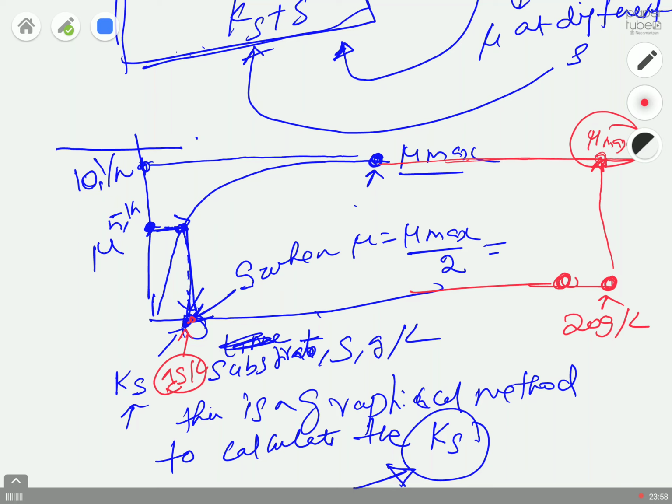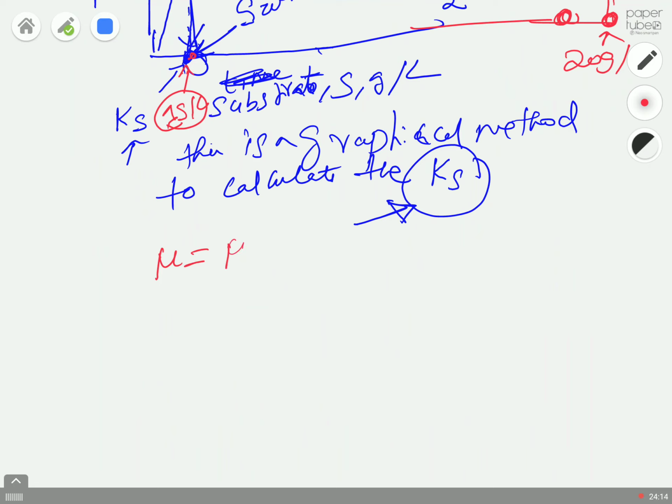This is an experimental phenomenon, but we can test whether this experimental phenomenon is valid while we are using the Monod equation. So we know the Monod expression is mu max times substrate over Ks plus substrate.